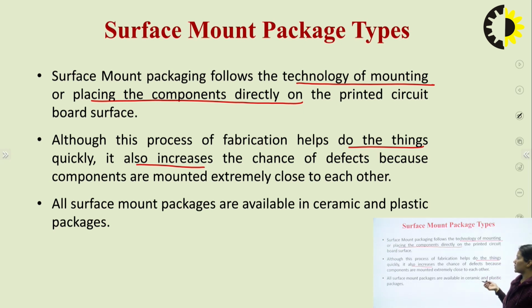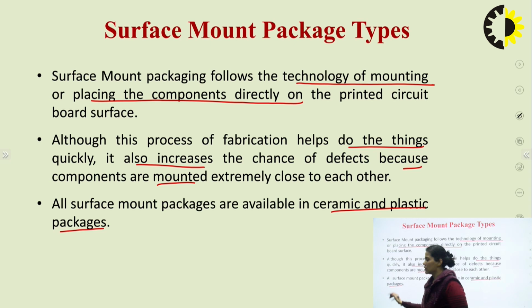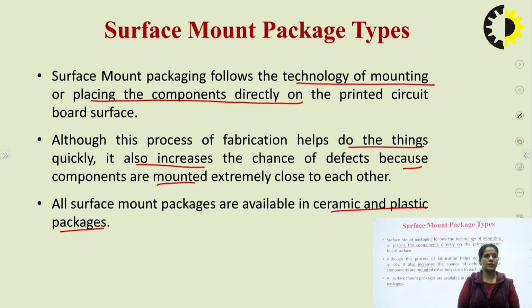Due to the extreme closeness between the pins, defects are very likely to be found in this type of packaging. All surface mount packages are available in ceramic and plastic packages. So here also, all these surface mount packages can be found in ceramic or plastic packaging.